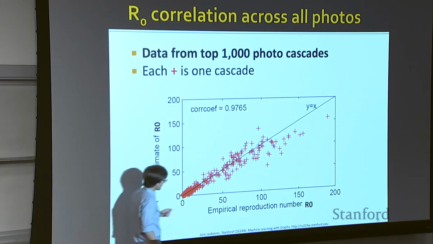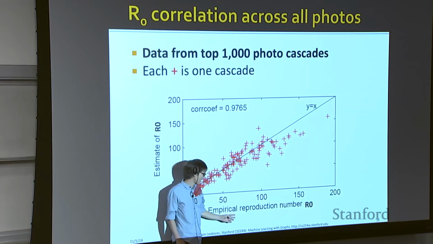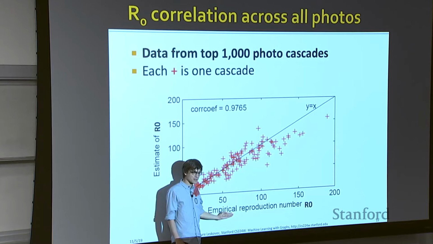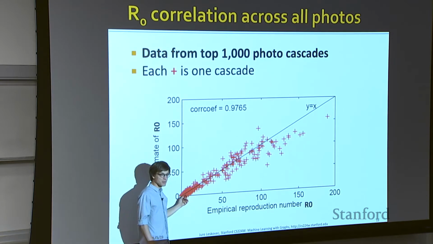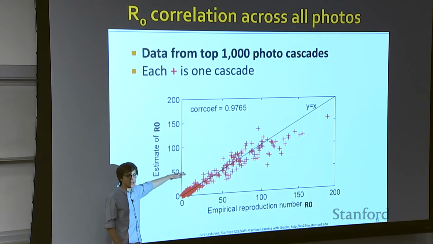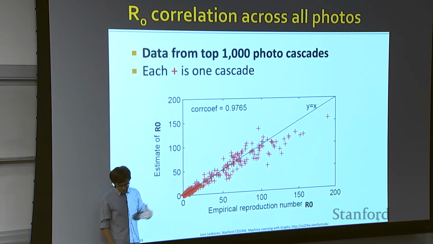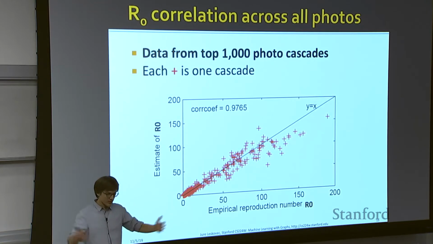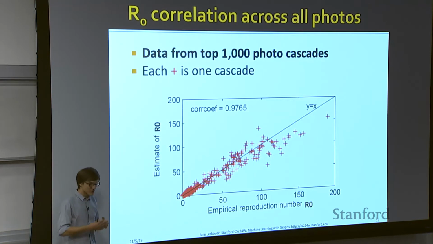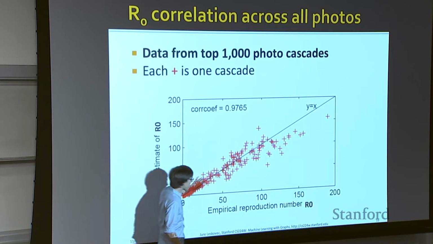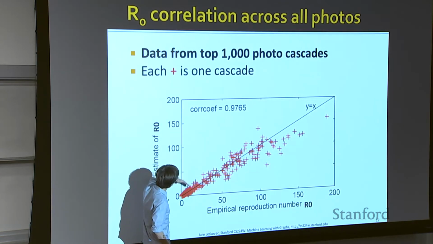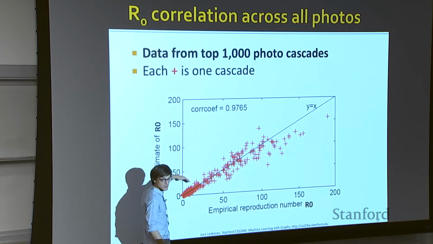Because it says that if you just look at the parent and see what fraction of the parent's children get infected, that already gives you quite an accurate estimate of what the overall reproductive number will be. So even though social networks are very heterogeneous, even just knowing what happens at the first step of propagation gives you a relatively accurate estimate of what happens through all the subsequent steps of propagation.